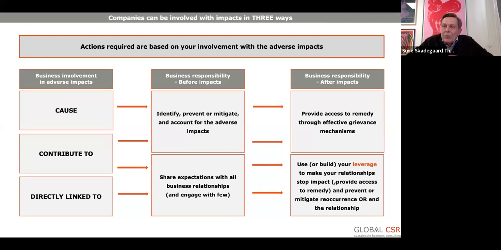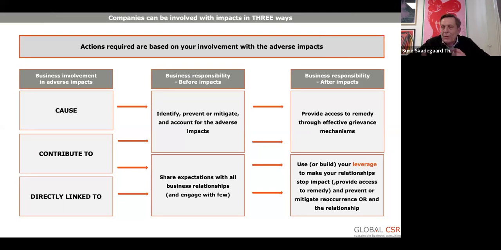It may also go wrong where you have contributed to adverse impacts or where you are directly linked to adverse impacts. And this is where the concept of leverage comes into play, because you are asked to use leverage, and if you don't have leverage, to build your leverage to make your business relationship stop the impact.